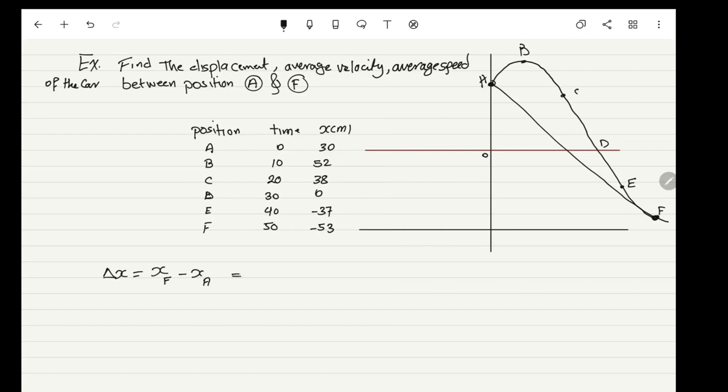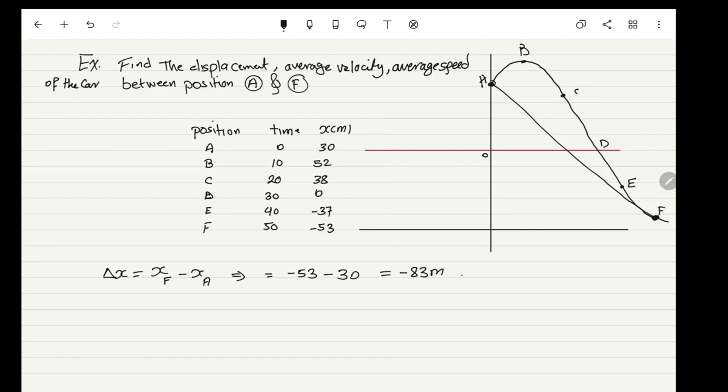In this case, xf is the position of the car at F, which equals minus 53, and the position at A equals 30. In this case, the displacement equals minus 83 meters.